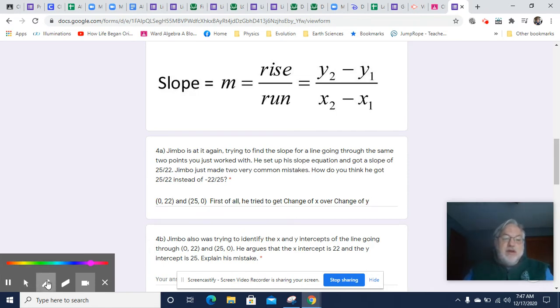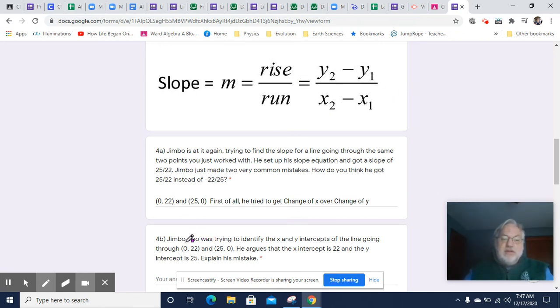So I'm going to use this to illustrate this. He switched this around. So he either did y1 minus y2 while doing x2 minus x1, or he did y2 minus y1 over x1 minus x2. So he did it the other way around. He flipped it. So he did change of x, but he went in 2 different directions with the subtraction.